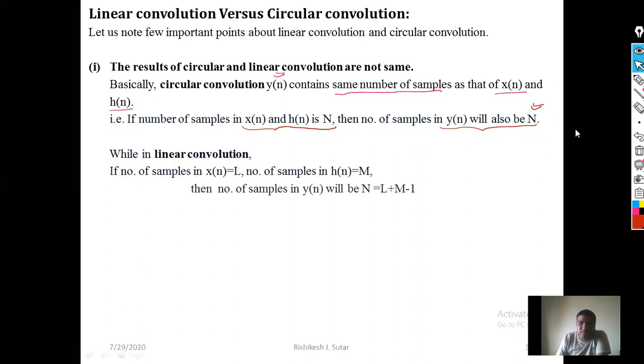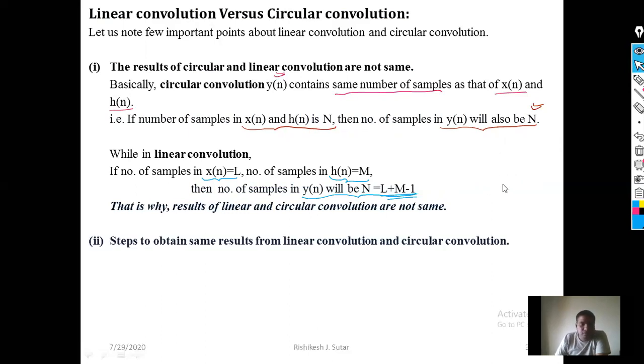In linear convolution, if my x of n has L samples and h of n has capital M samples, then the number of samples of y of n would be L plus capital M minus 1. So the sample counts of y of n are not the same, and obviously the results of circular convolution and linear convolution are not the same. Okay.